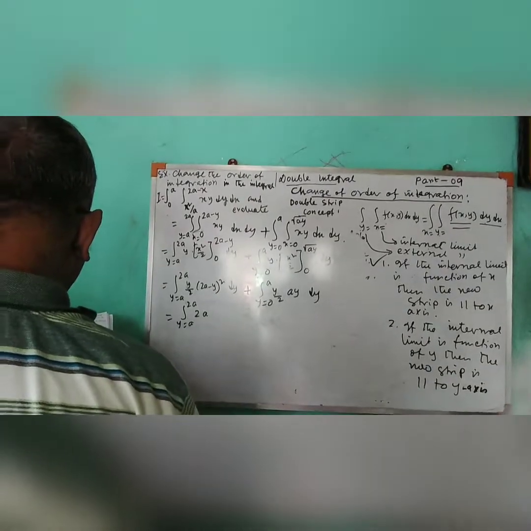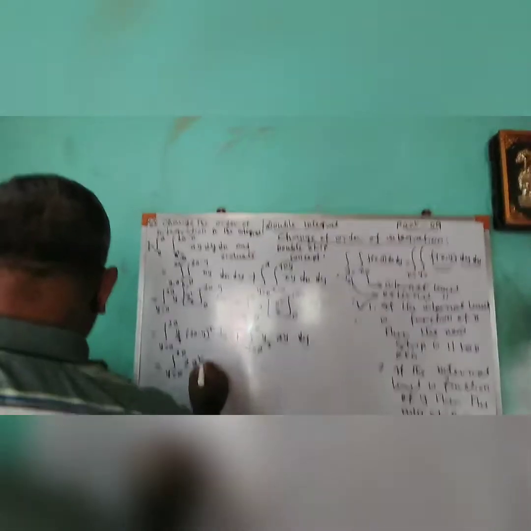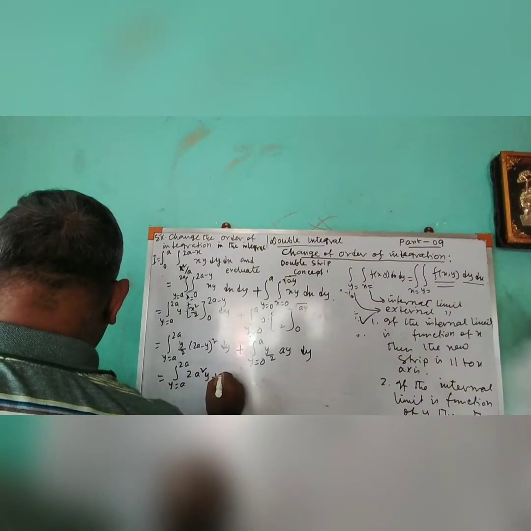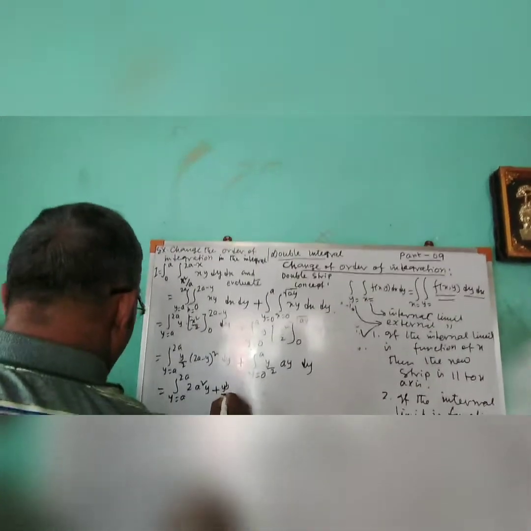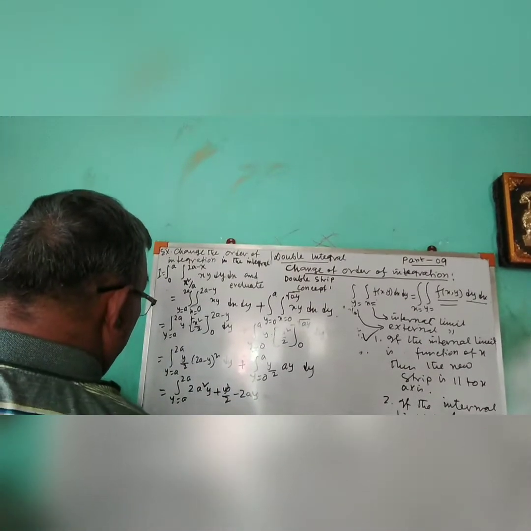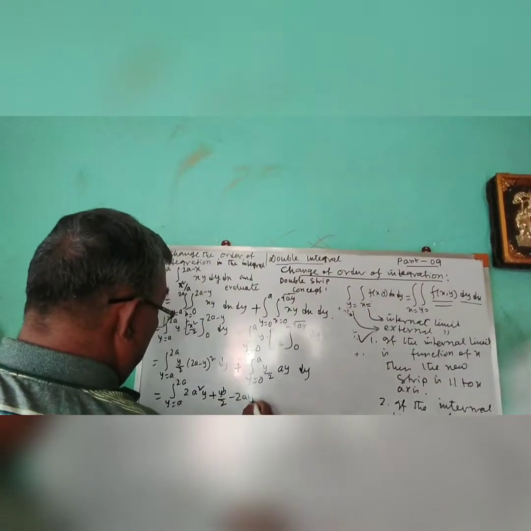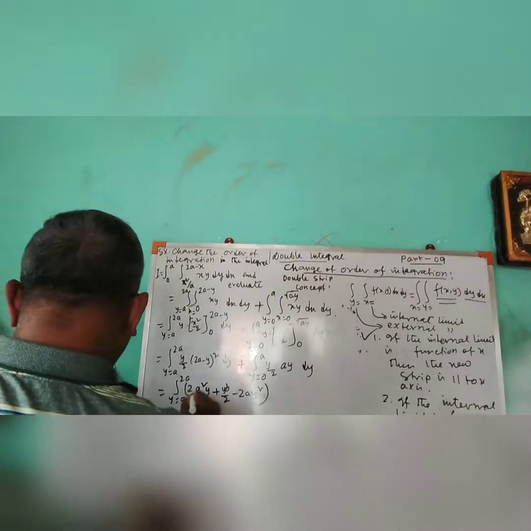Okay, 2a square y plus y cube by 2 minus 2a y square, into dy.